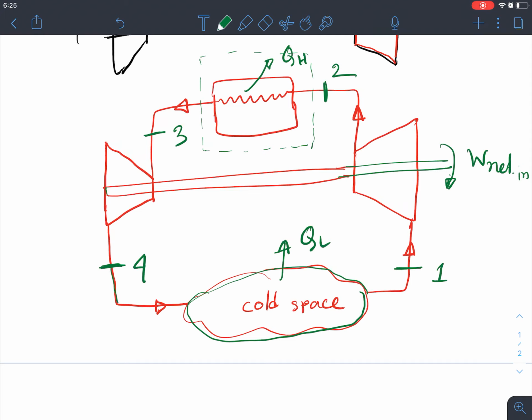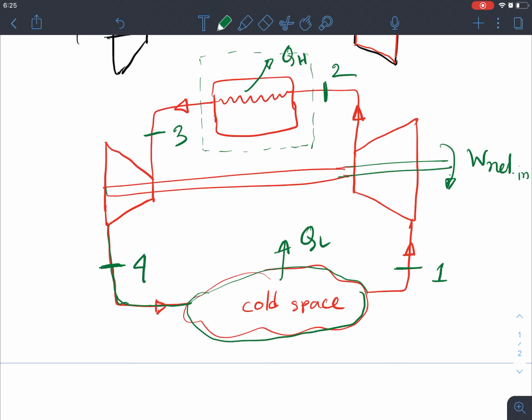So this gas is basically taking the heat QL from this cold space, becoming vapor again, going through this compressor and continuing this cycle.